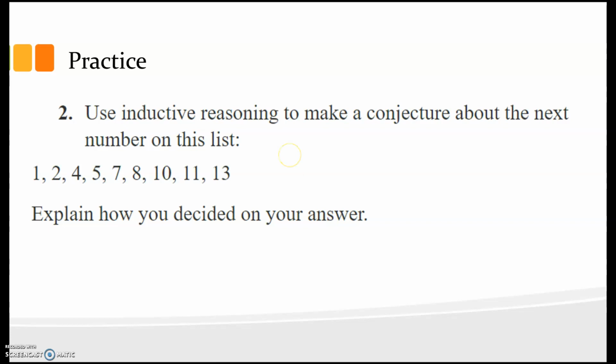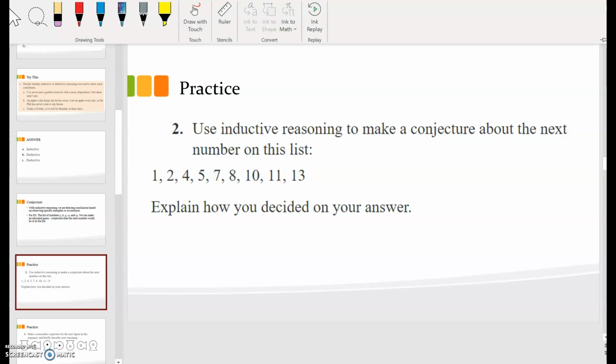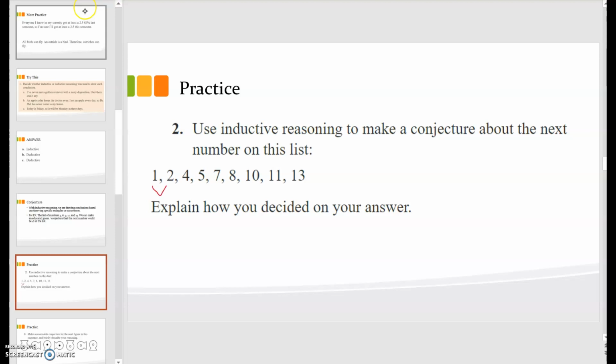Actually, let me go to draw here. Notice this was up by 1, this was 2, this was 1, this is 2, this is 1, this is 2, this is 1, this is 2.